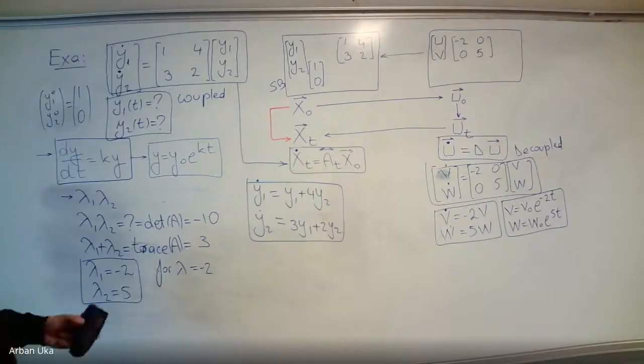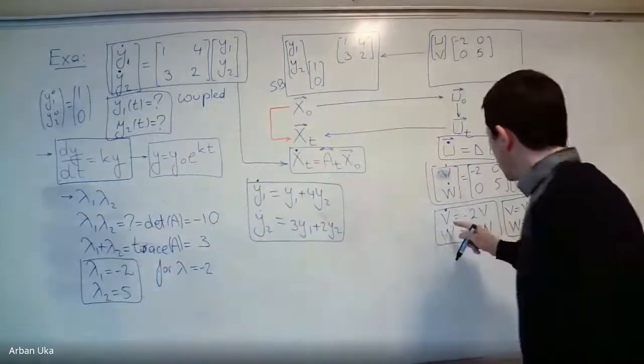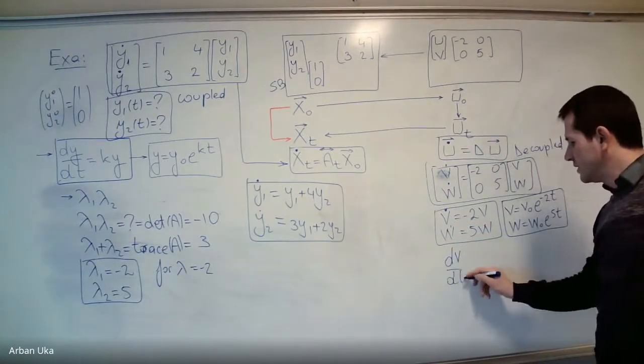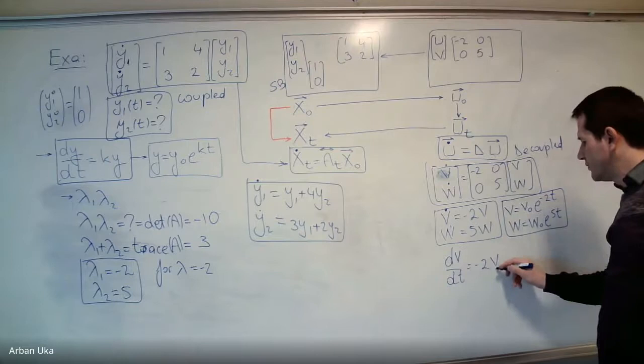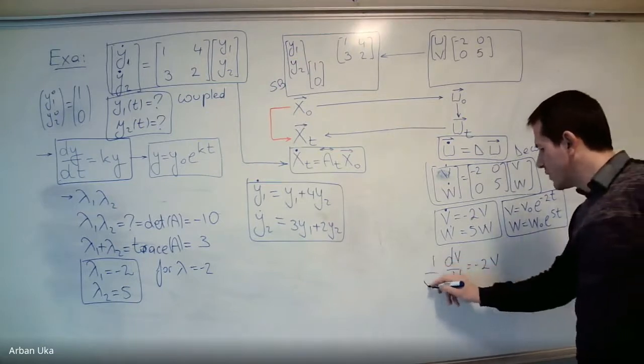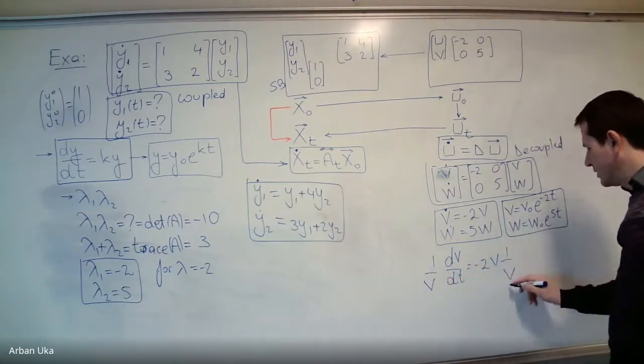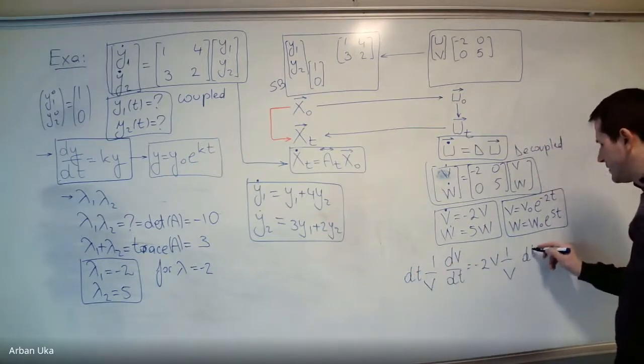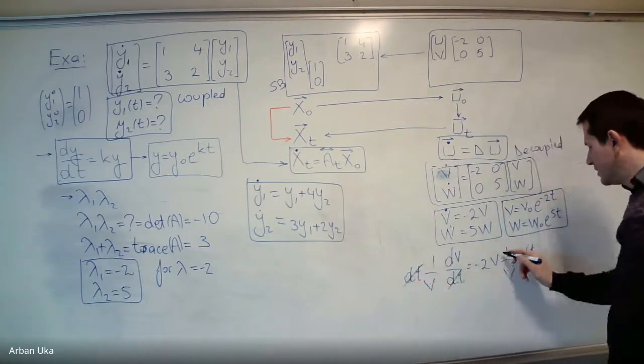Or if you don't want to consider it like a rule, you can write it like this. This is dv over dt, and this is equal to -2v. You divide both sides of the equation by v. You can multiply both sides of the equation by dt. That's fine. So you cancel the dt here, you cancel the v.